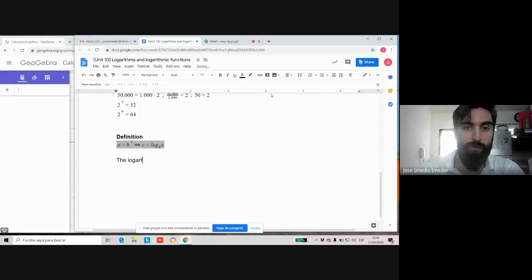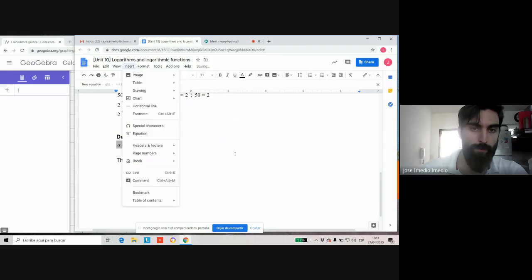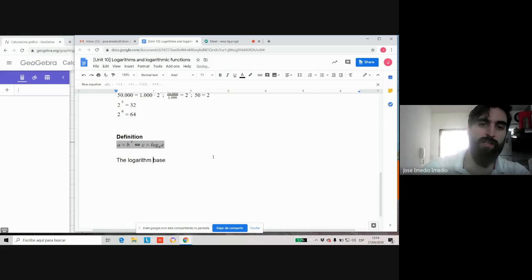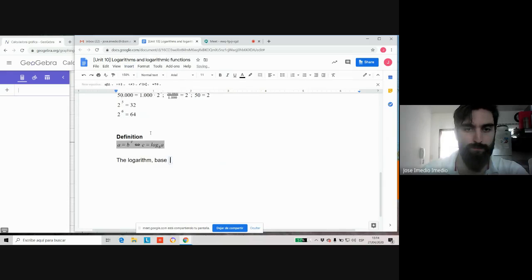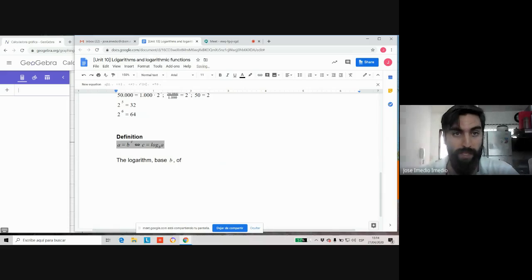The logarithm base, or actually we would say the logarithm base b of a.